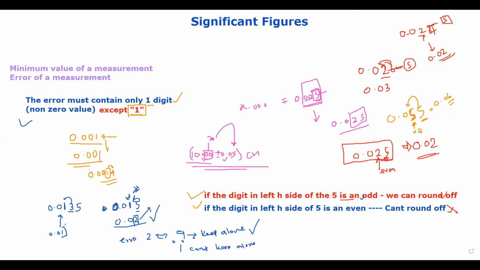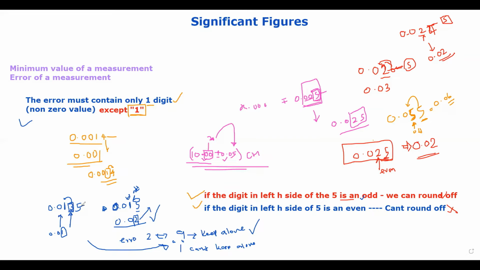However, 1 can't be put alone according to this rule. There should be another digit adjacent to that. That digit is 3. So we have to put 3. Before keeping 3, we have to round off. The adjacent number is 5. We have to round off now.